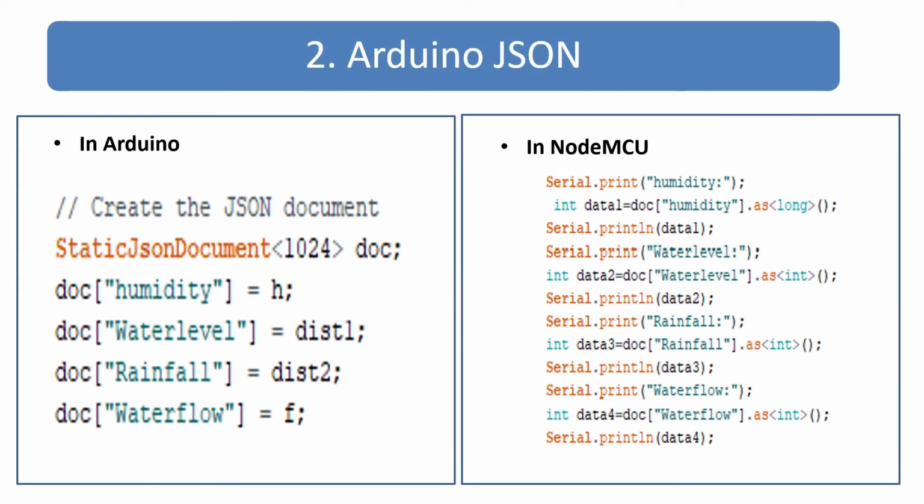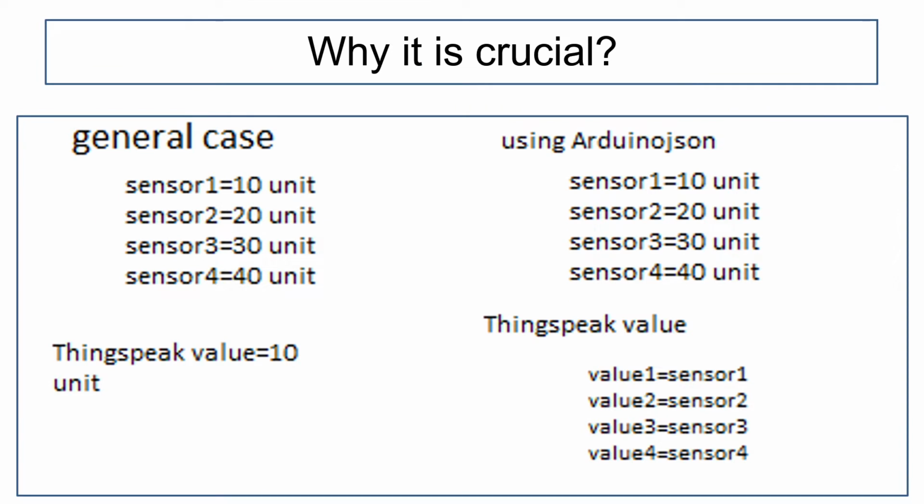Next is ArduinoJson, and what it does is break a multi-digit number into individual digits. Suppose there are 5 variables A, B, C, D and E, and A has a value of 1234, but B, C, D, E have 0 as value.